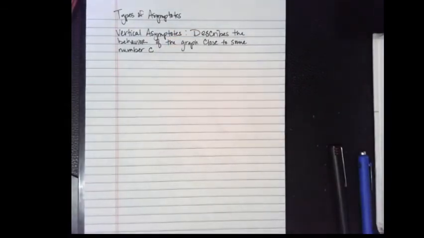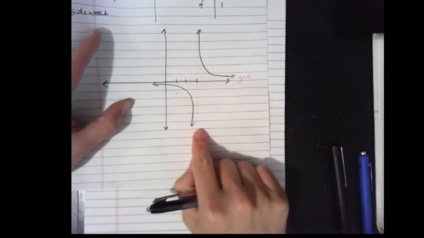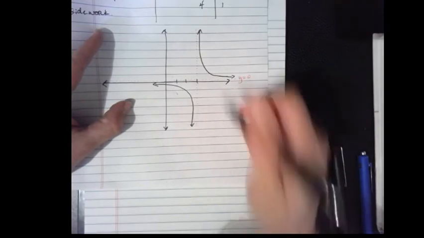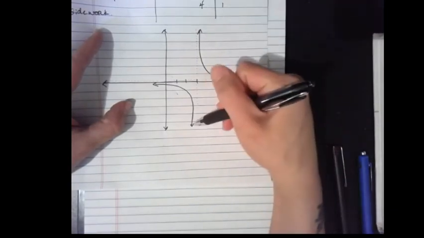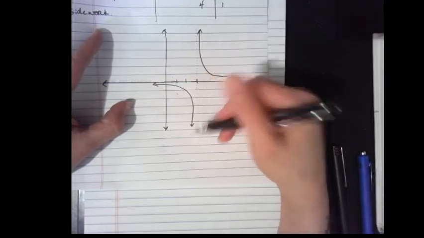Okay. So by some number c, if you think about what we just graphed here, c would be 3, and my vertical asymptote is telling me what's happening near 3. So to the left and right of it, I'm going up to infinity and down to negative infinity.